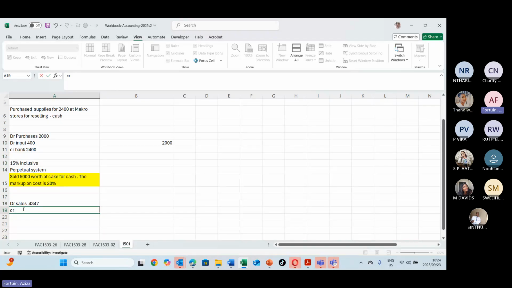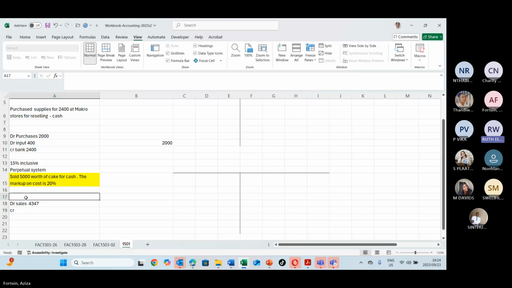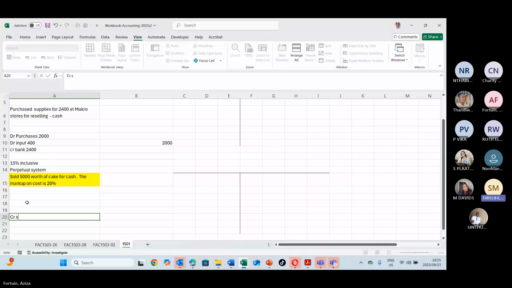Can I try? Okay, yes, please go on. I am failing. Okay, so the question is that we sold 5,000 rand worth of cakes, right? Then our markup is 20%. So I think we will credit sales, because sales increase on the credit side, with the amount of 4,347 rand 83 cents.